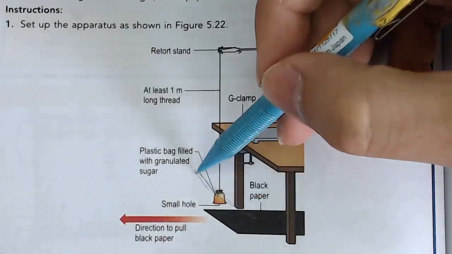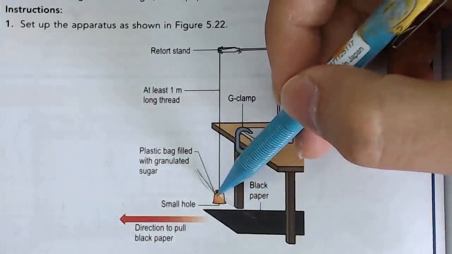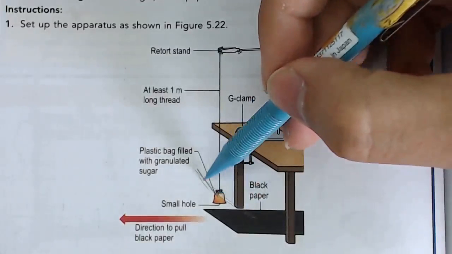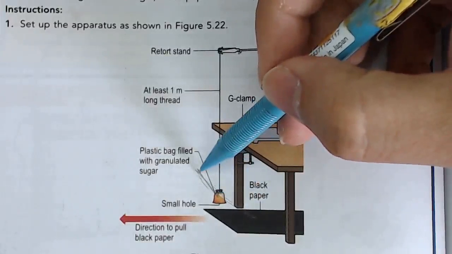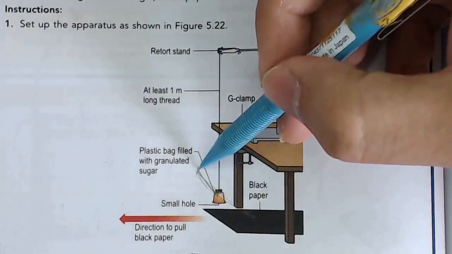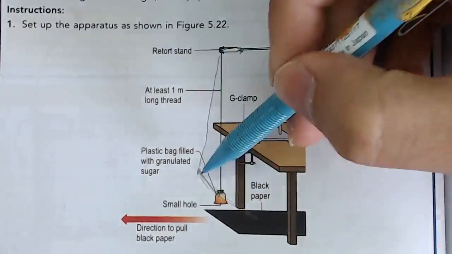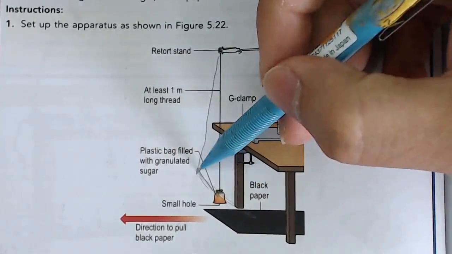We're going to displace it. How to begin the swing? We pull it to a particular angle, and then we're going to release it.